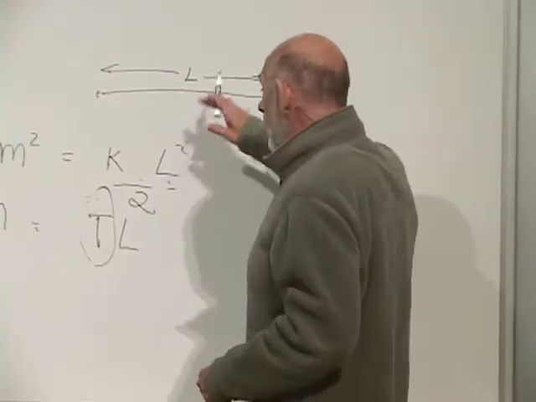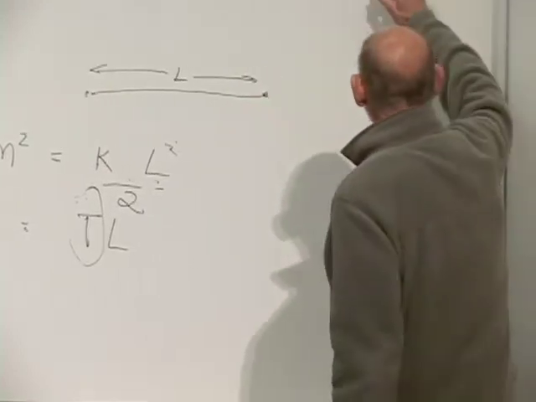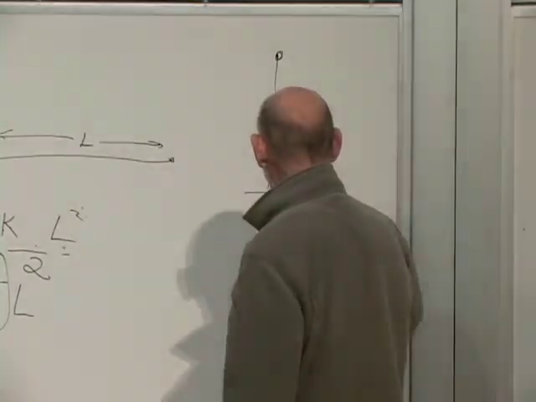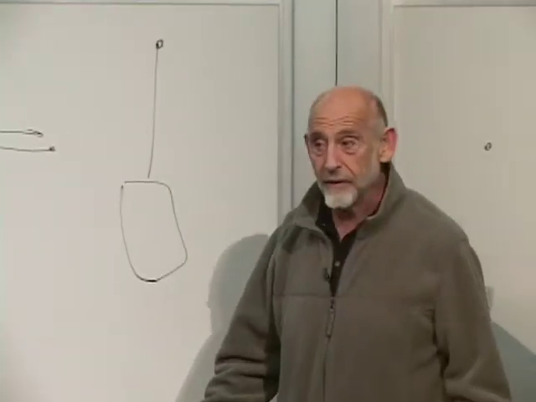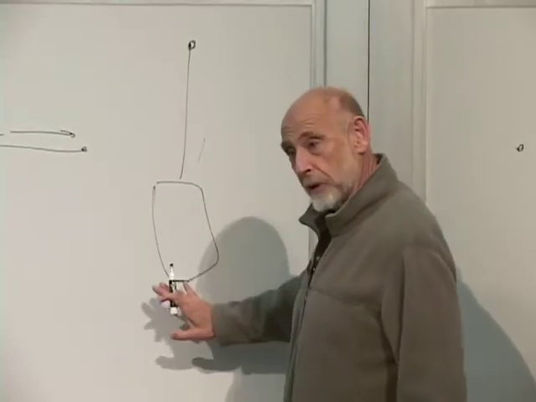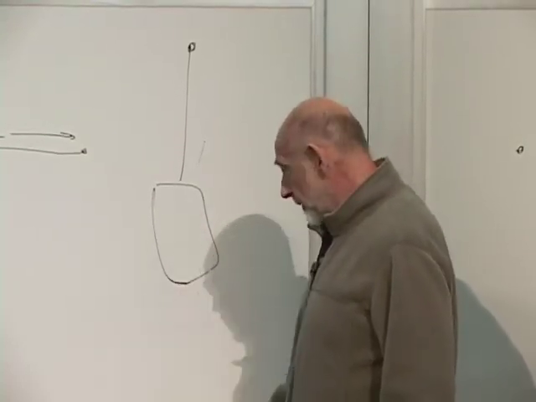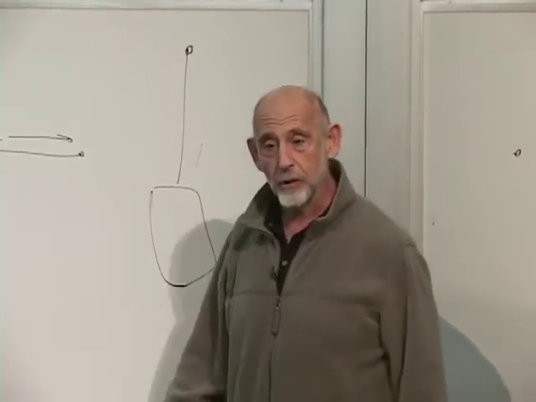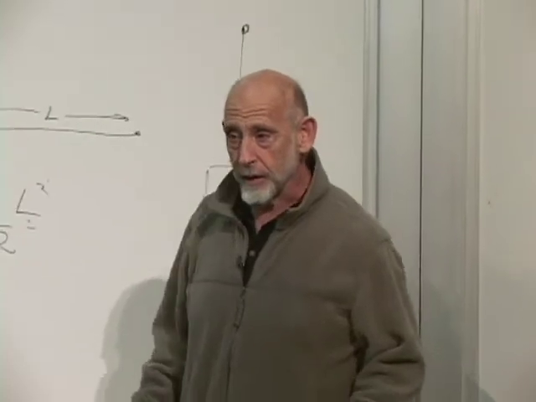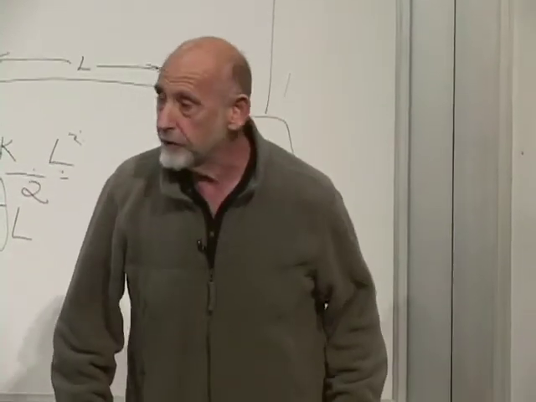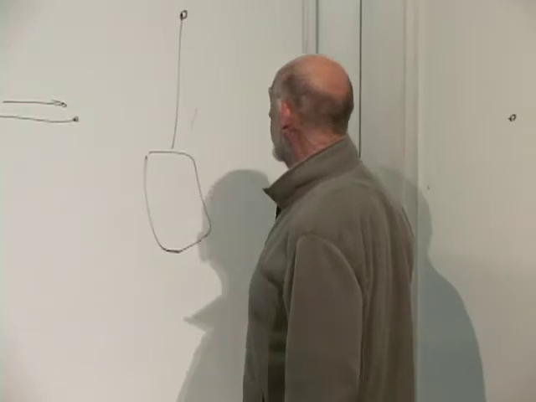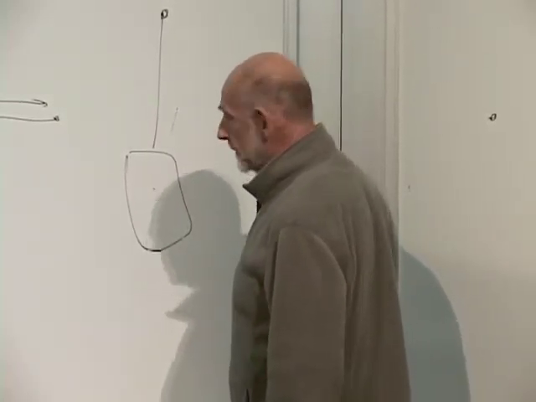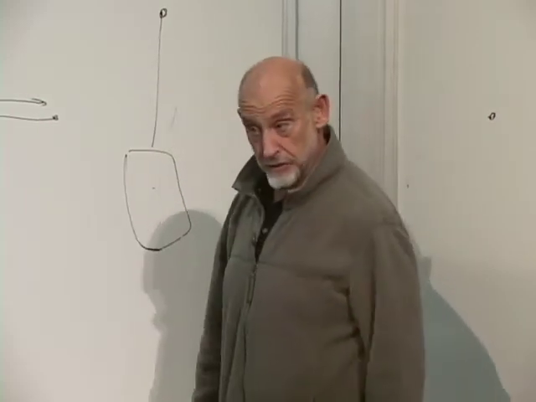Another way to say it is if you took one of these strings at the surface of the Earth and you anchored it at some place and suspended a weight from it, it would be the weight that the string could support. A heavier weight would just shrink or would fall down. A smaller weight would be pulled up. Okay? That's the character of these strings. If you had one in the laboratory, the weight that it can support is independent of its length, incidentally.